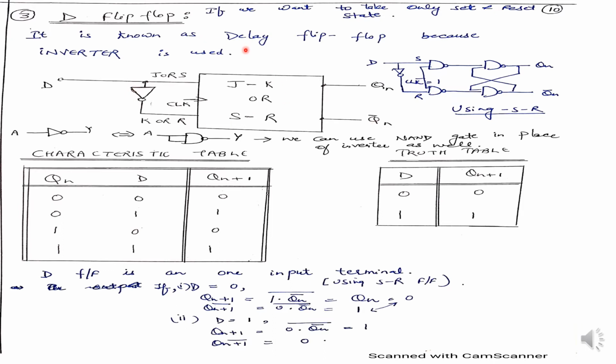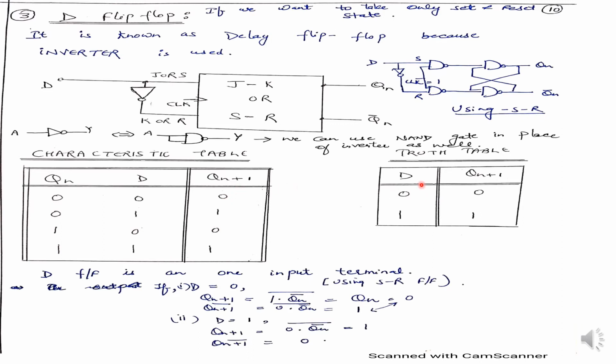Okay, so why do we use the delay flip-flop? If we just want to use the set and the reset state of the SR flip-flop, we use the delay flip-flop. Okay, and now you can see the characteristic table and the truth table of this delay flip-flop.